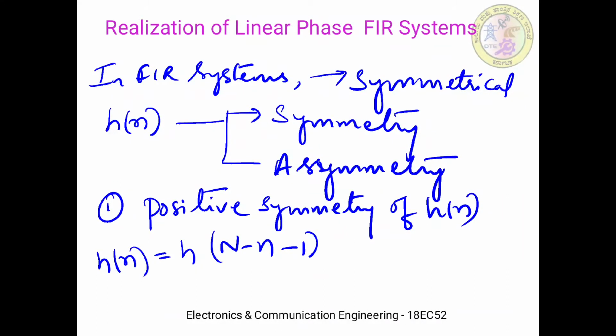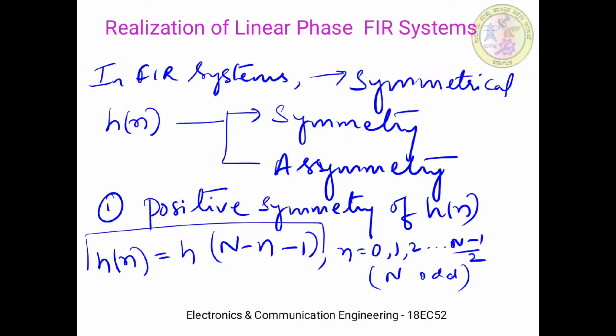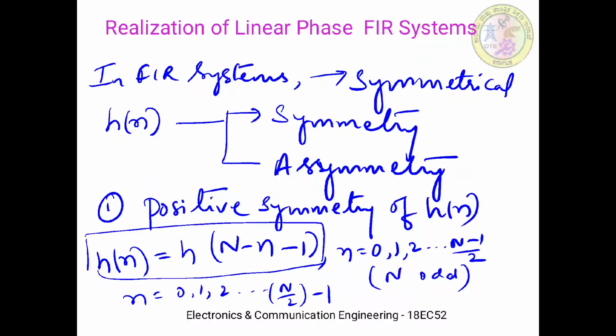This holds under two conditions. When M is odd, n is equal to 0, 1, 2 up to (M minus 1) by 2. And for the even condition, n is equal to 0, 1, 2 up to M by 2 minus 1, when M is even.